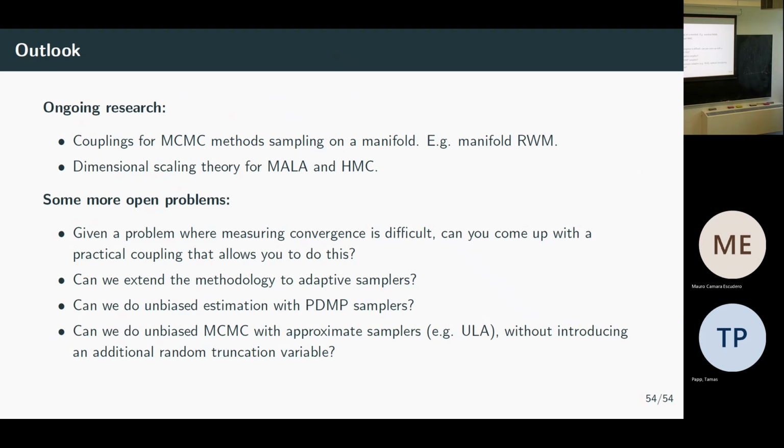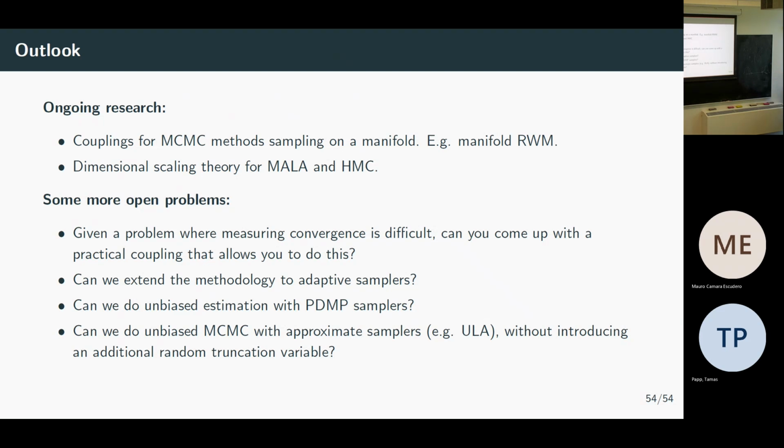Right. In terms of ongoing research of my own, there's dimensional scaling theory for MALA and HMC, which looks like you need to include more information into the coupling than you do into the actual proposal. For MALA you need some Hessian information, and so do you for HMC, at least in the Gaussian case, and you can show some ODE limits for this. But in practice that's maybe not so bad, because I showed you that it scales to high dimensions.